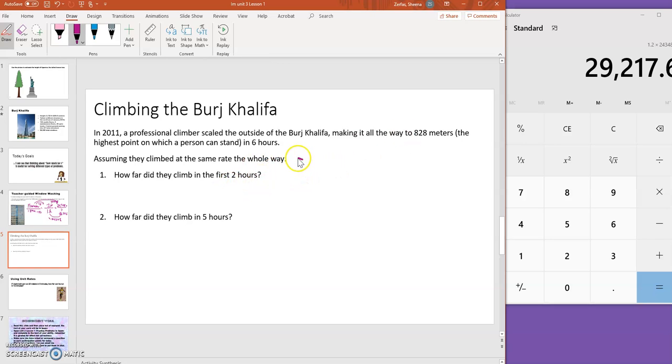The first one, again, I'm going to take the information from the problem and make sure I identify a label, so M for meters, and 6 hours.